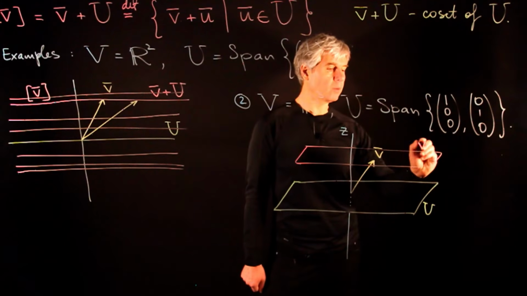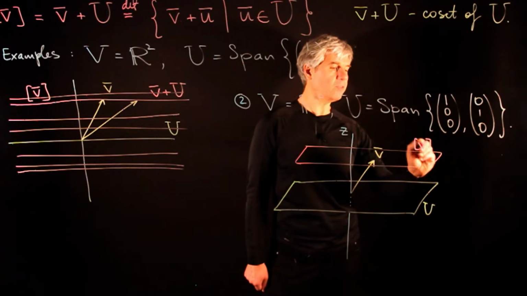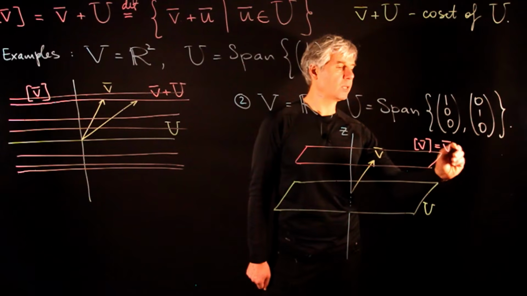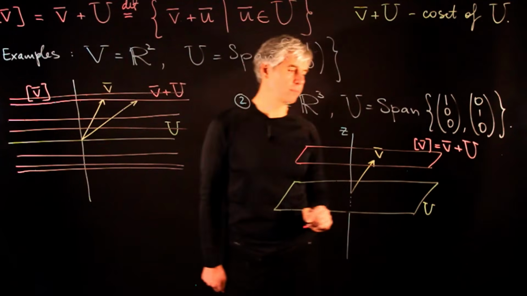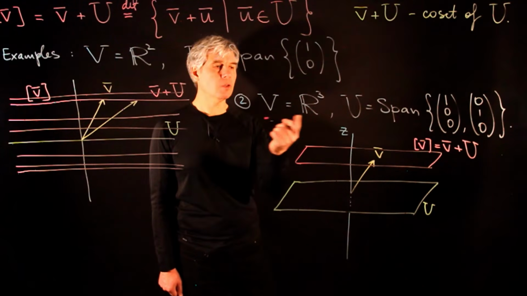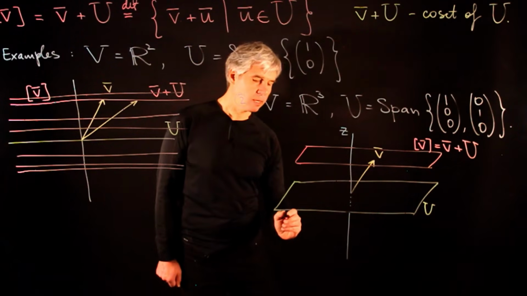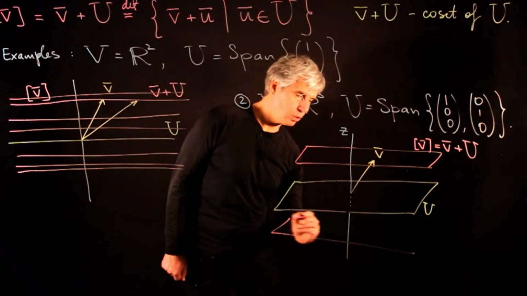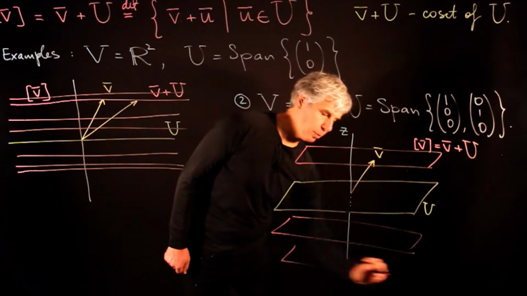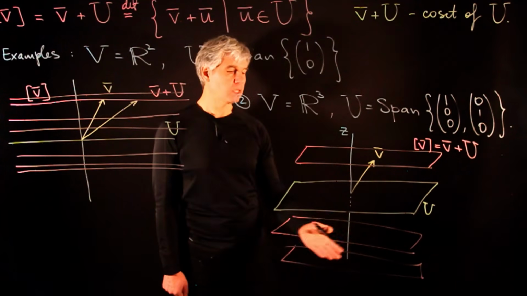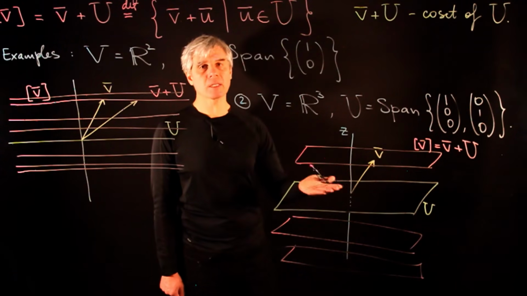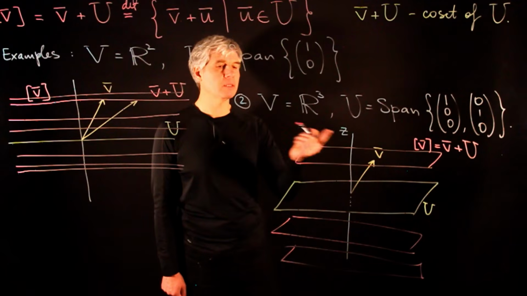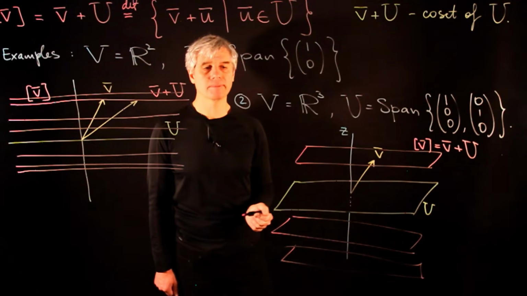So this plane will be the equivalence class of v, which is v plus the subspace U. Then the whole three-dimensional space can be decomposed as a disjoint union of these parallel planes. These parallel planes will be the various equivalence classes under this equivalence relation.